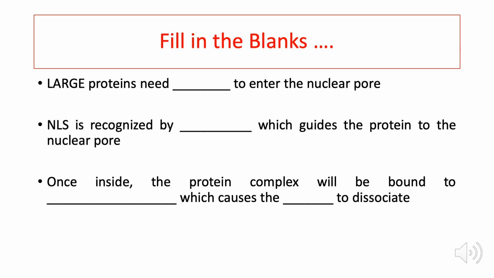The NLS will now be recognized by importin, which guides the protein to the nuclear pore. Once inside, the protein complex, meaning the protein and the importin, will be bound to, yes, RAN-GTP, which will now cause the importin, or to be specific, the alpha subunit of the importin, to dissociate from the protein.